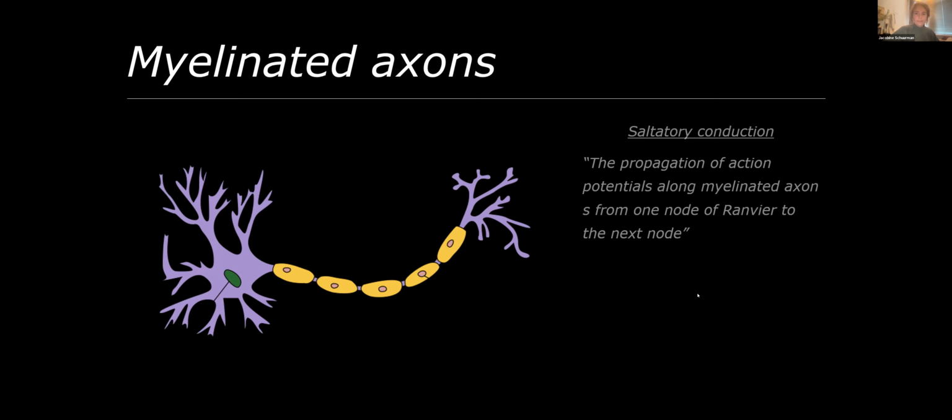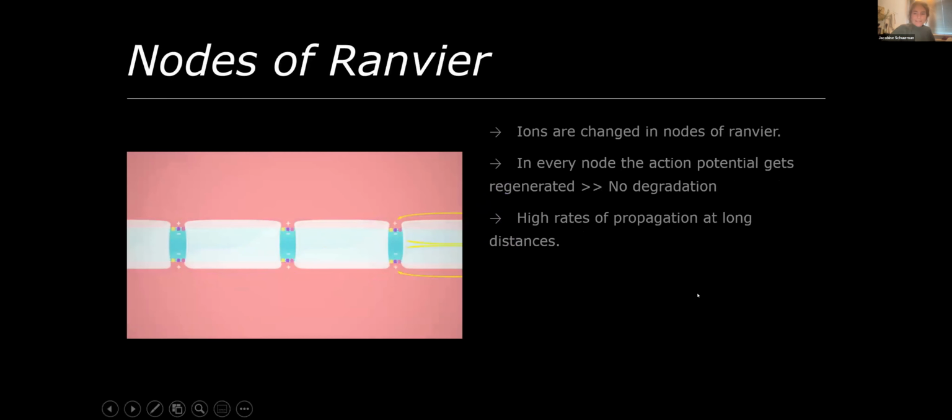The spaces between the myelin sheaths are known as the nodes of Ranvier. And these nodes are the only place along the axon where ions are exchanged via the ion channels. As sodium rushes into the axon, it creates an electrical force which pushes on the ions that are already inside the axon.